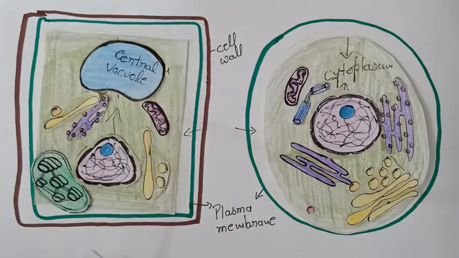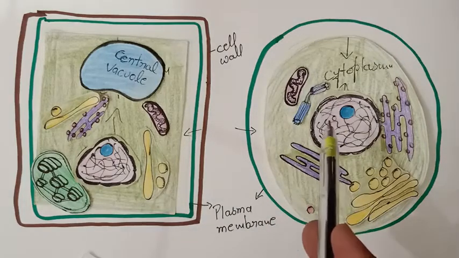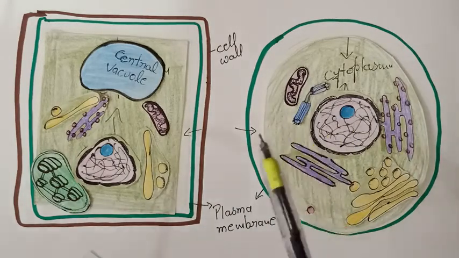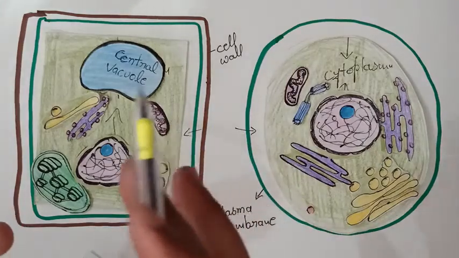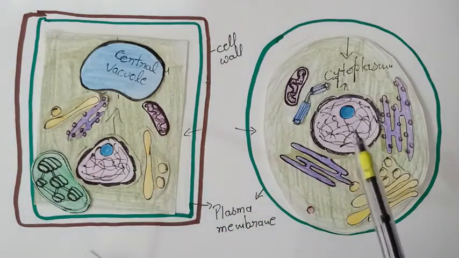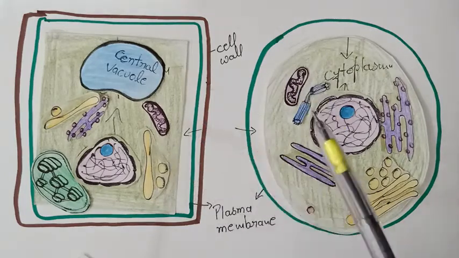Okay, and student, this chromatin reticulum contains our hereditary units, genes. Hereditary means the thing which is transferred from parent to the next generation. So these are known as genes, and genes are made up of DNA.